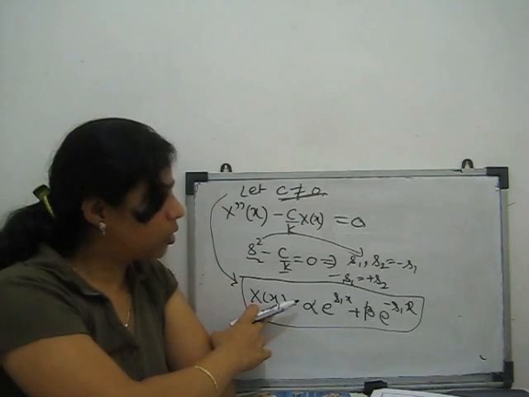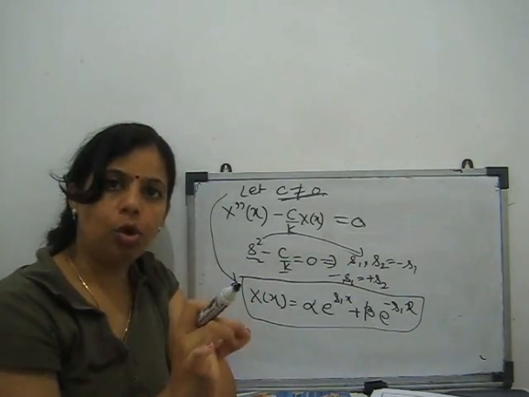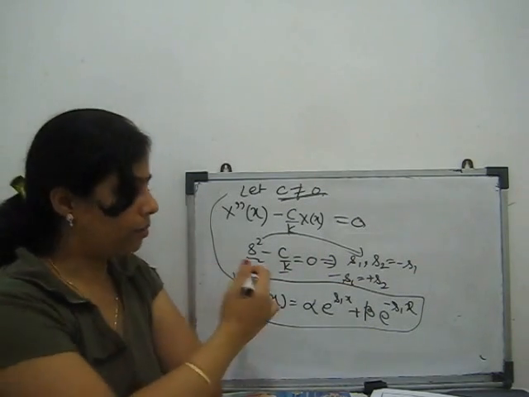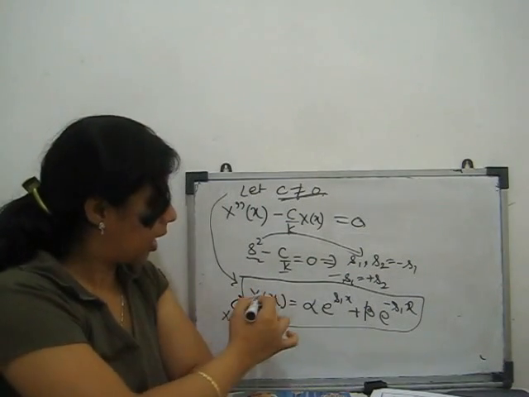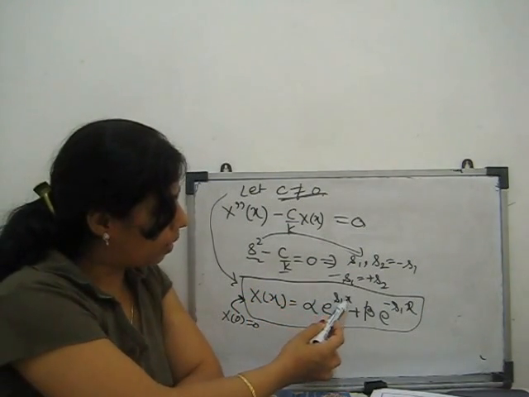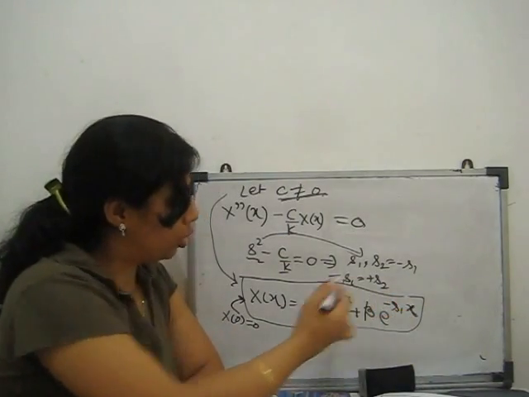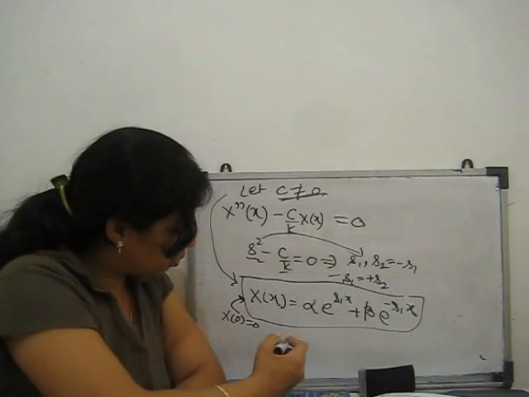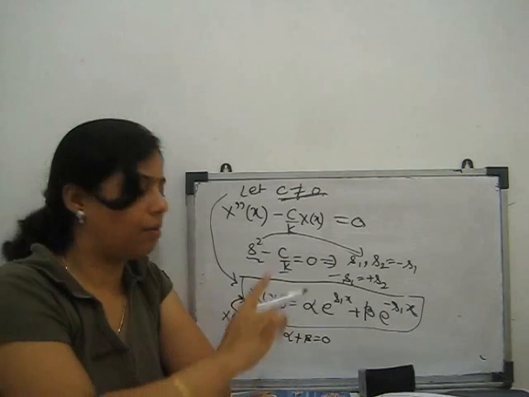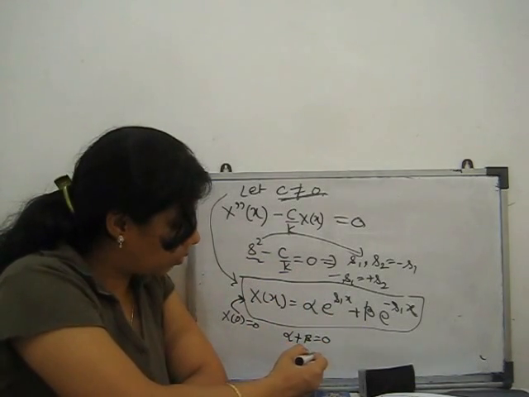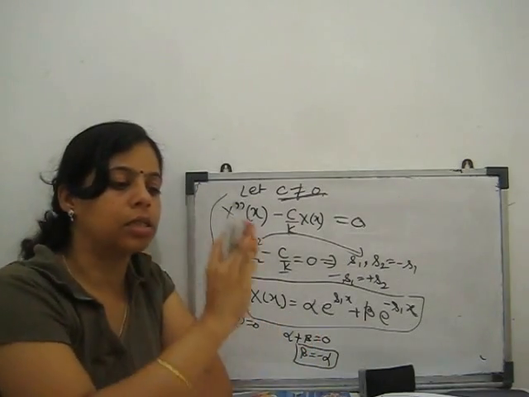Now with this solution, we again apply both boundary conditions, one at 0 and the other at L. When we apply X(0) equal to 0, e to the power 0 is 1, so it gives alpha plus beta equal to 0. It means beta equal to minus alpha. These constants are equal but opposite in sign.